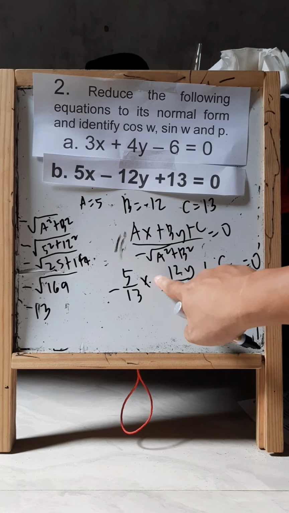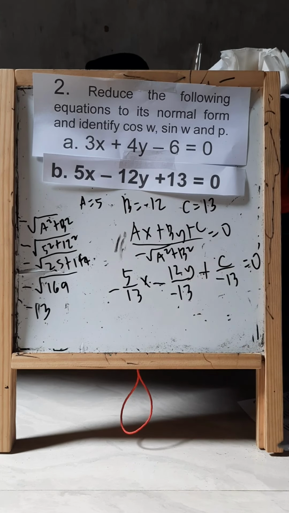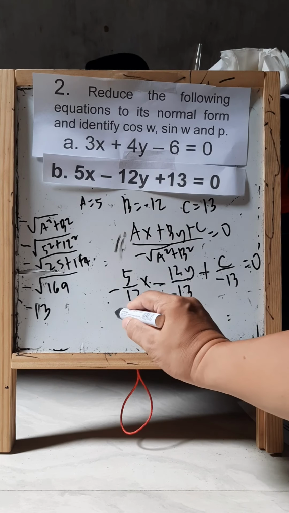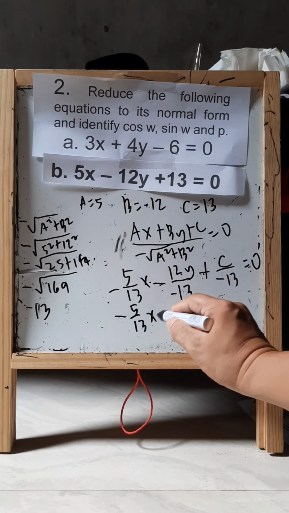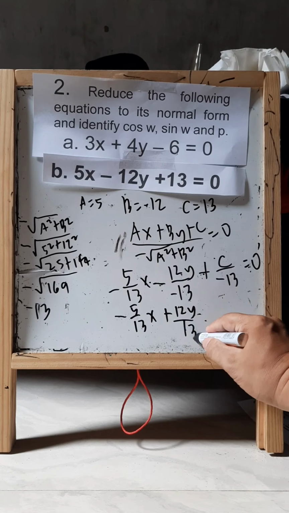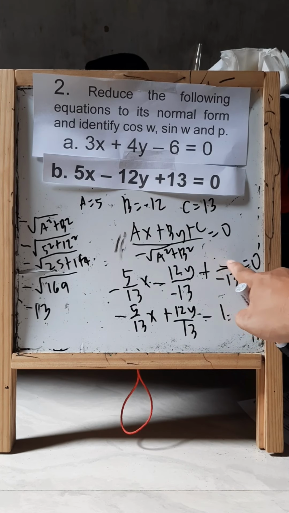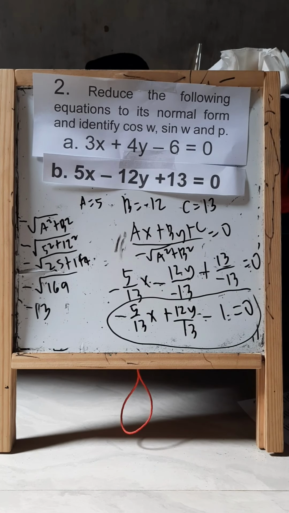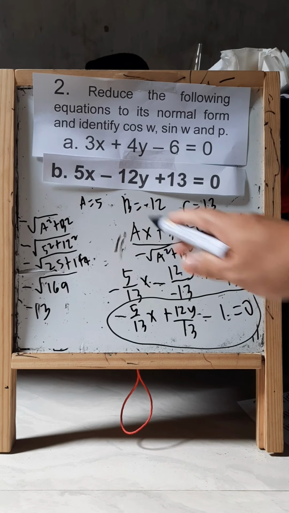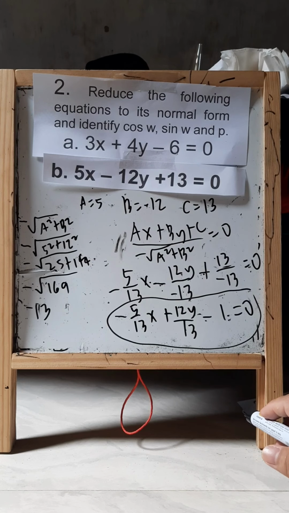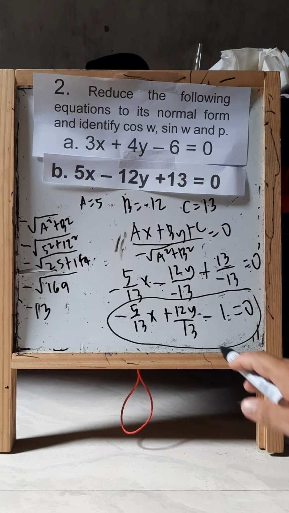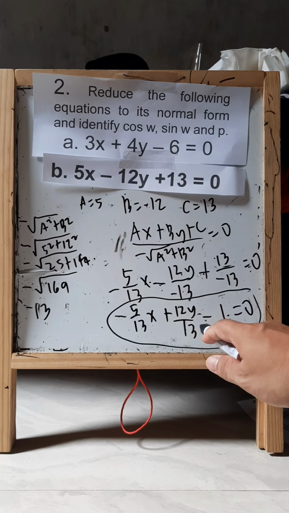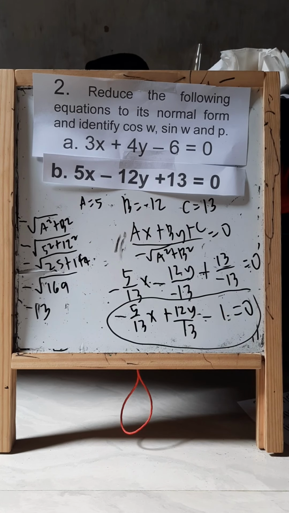So originally it was plus, so minus negative. Let's simplify. Negative 5 over 13x plus 12y over 13 minus, what is c? 13 over 13, minus 1. This is now the equation of the line 5x minus 12y plus 13 equals 0 in its equivalent normal form: negative 5 over 13x plus 12 over 13y minus 1.